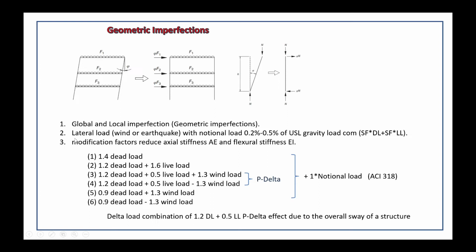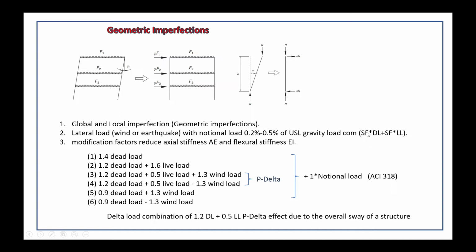And to use the global and local imperfection, you also must include lateral load. You can include wind, earthquake, and the notional load. Notional load can vary from 0.2 to 0.5 of the ultimate limit state combination of the gravity load. This is according to your code.